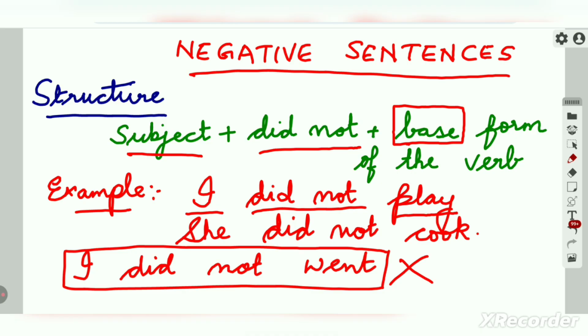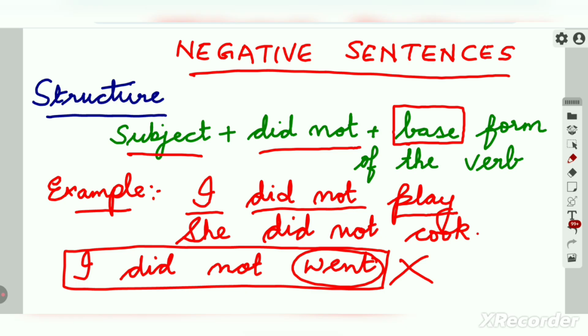The correct sentence is I did not go, because did itself shows the past tense, so we do not change the verb into its past form again. Similarly, she did not play, they did not watch. We should never use the past form. Instead, we have to use the base form to form the negative sentences. So negative sentences are subject plus did not plus base form of the verb.